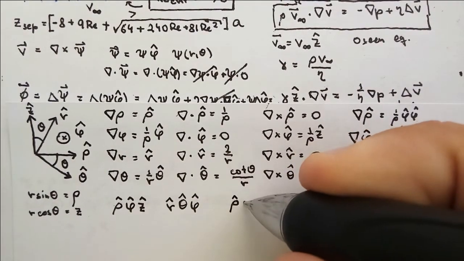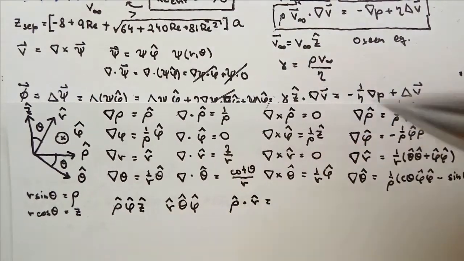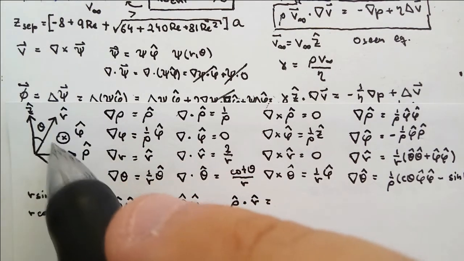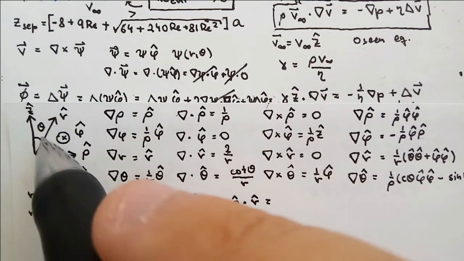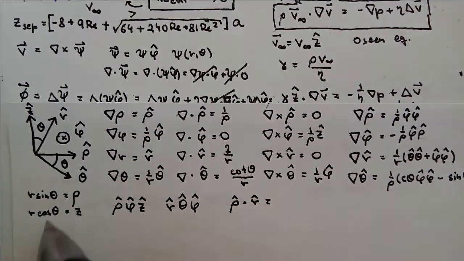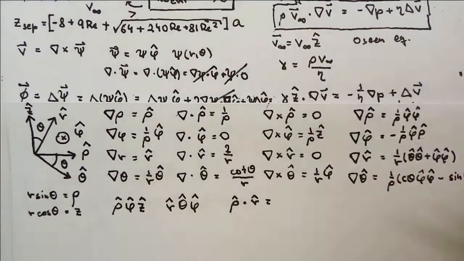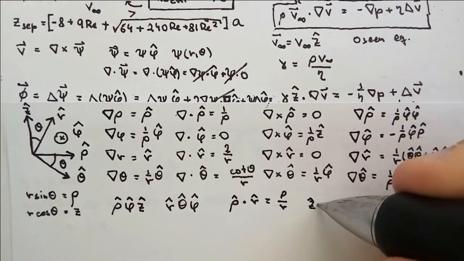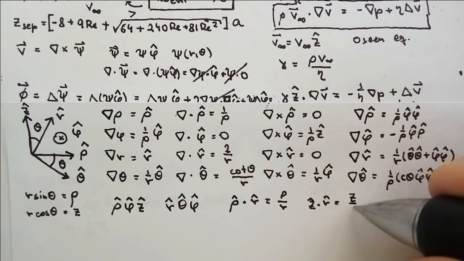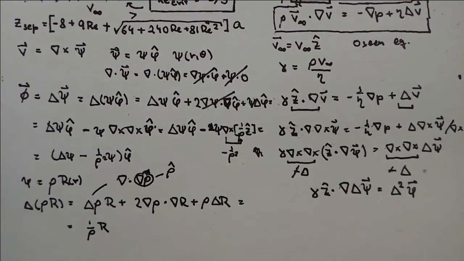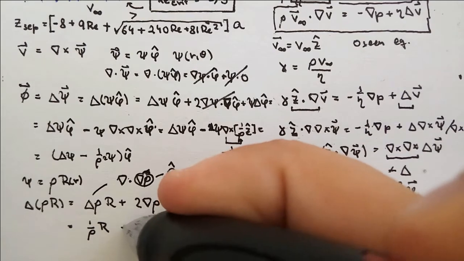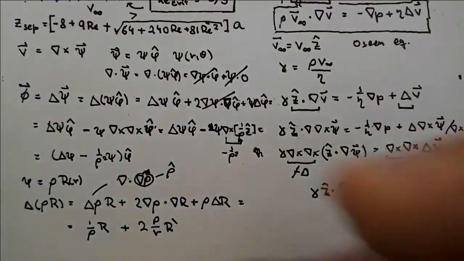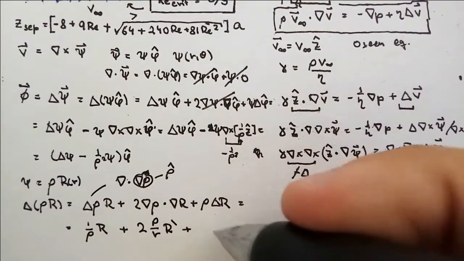Rho hat dot product with r is basically sine of this angle, because the cosine of this is sine of theta, and sine of theta is rho over r, so this is rho over r. The same holds for z, so this is going to be z over r, so this formula will add in. So this is plus rho over r prime plus, and this is very easy to compute.